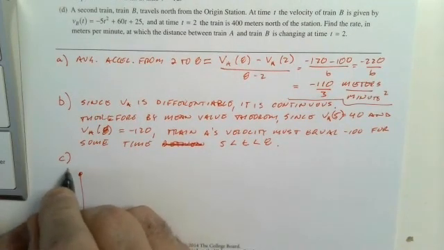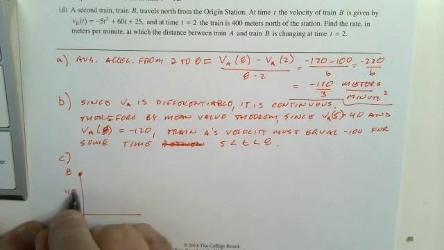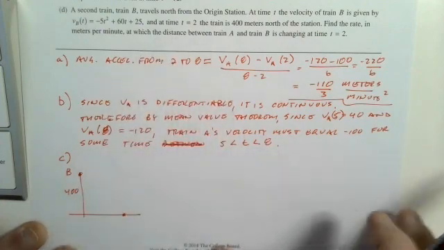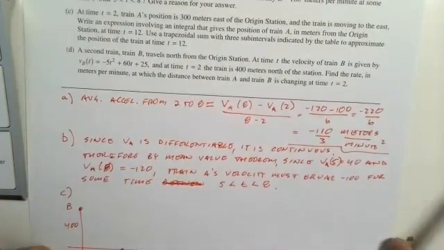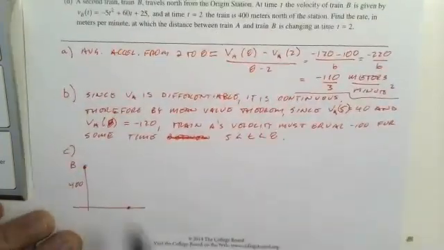Right, so this is train B. And we know that according to the second one, and this is a big question, people are like, well, how do I make that assumption? Well, you know what's going on at t equals 2, and they're doing it again. So it's 300 over here.